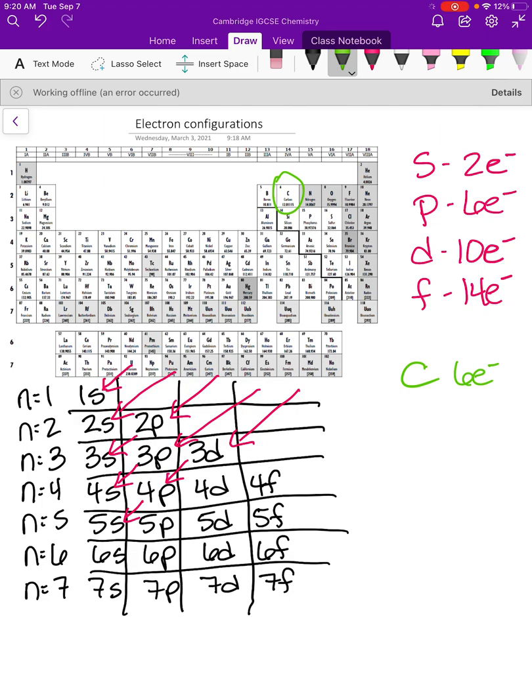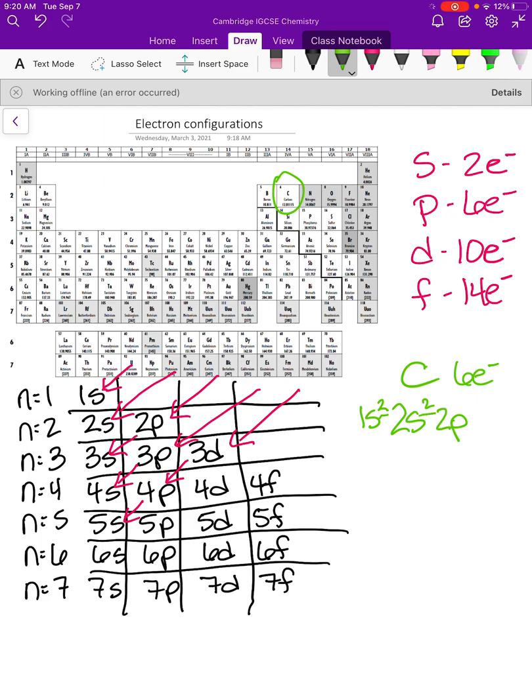So we're going to start over here and follow these arrows. We start with the 1s, and s can hold up to 2, so we put a superscript of 2, and then we go to 2s2, and then 2p, and we add up these exponents.